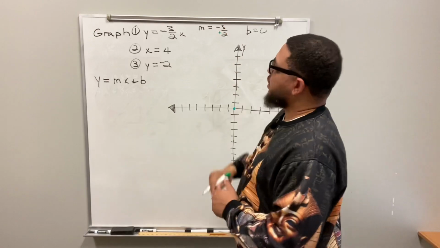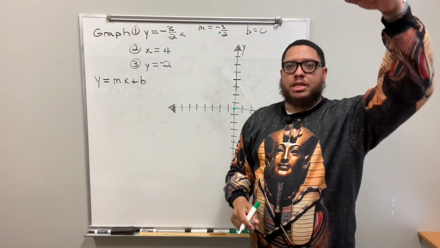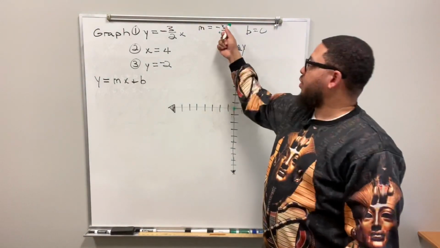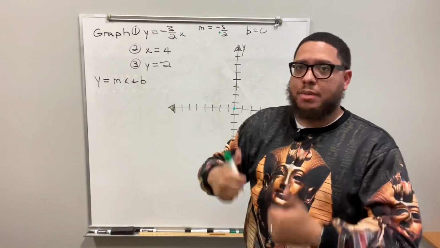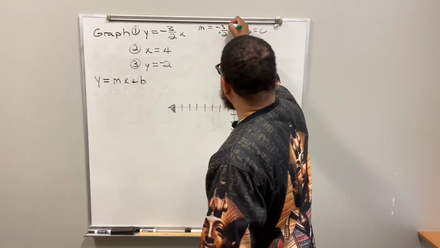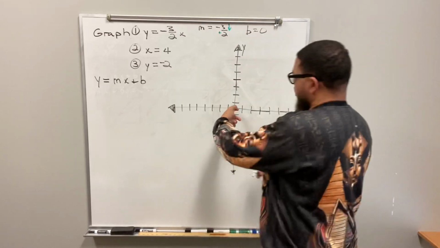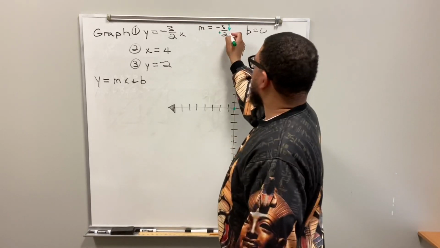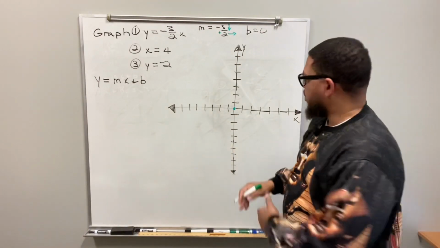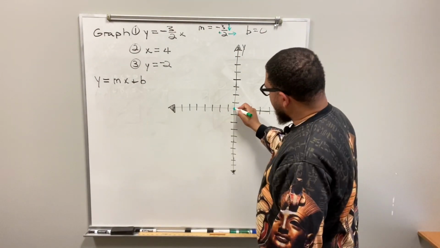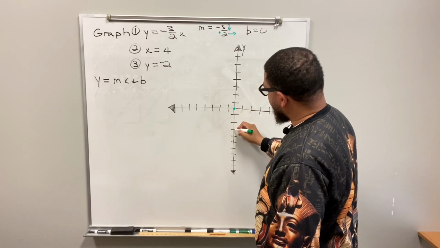Now, if the numerator is negative 3, that means that I need to move down because the numerator tells me how I should move vertically, whether I should move up or down and by how many spaces. So that means I'm going to move down 3 spaces from the y-intercept, and then I'm going to move to the right 2 spaces from that point, right? So I start here, and I go down like 1, 2, 3.